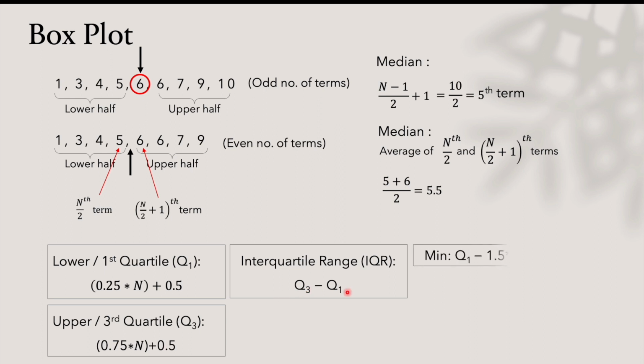Now the minimum and maximum values are calculated like this: Q1 minus 1.5 times IQR for the minimum, and Q3 plus 1.5 times IQR for the maximum. Okay, so like this we have all the values required in order to plot a box plot. Now let us see an example.